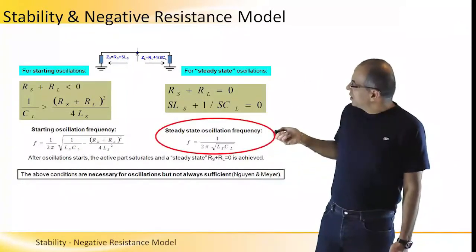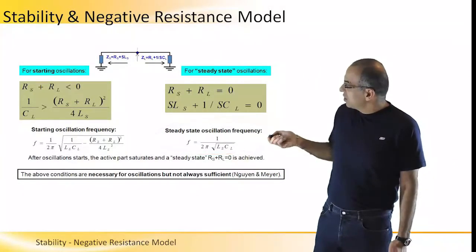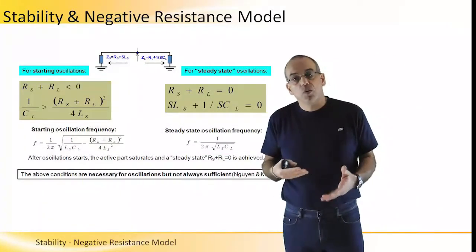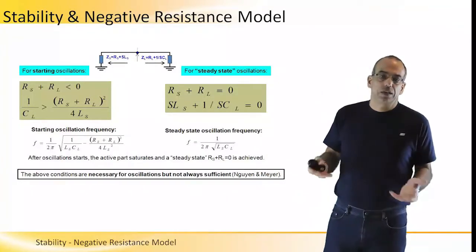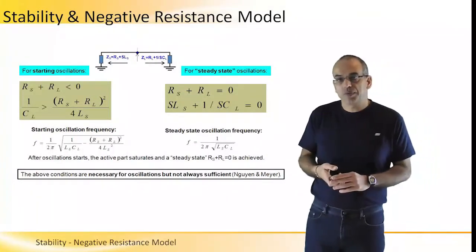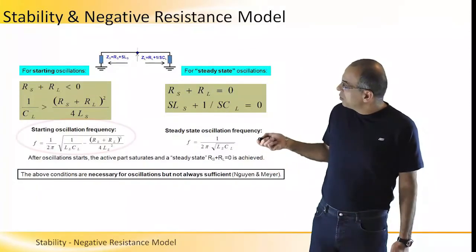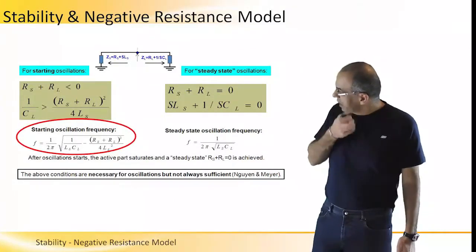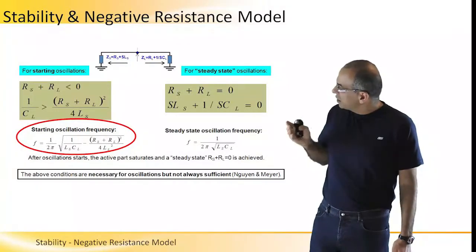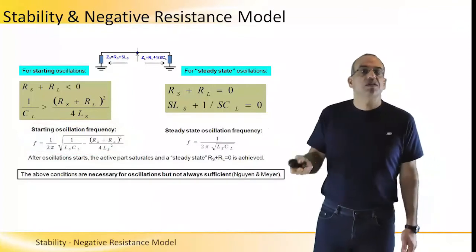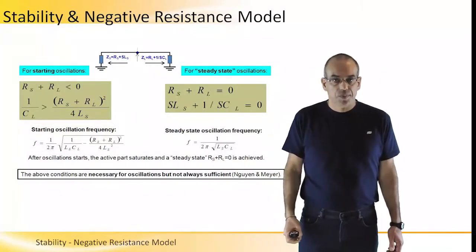And so this will be the oscillation frequency, which is a very known result: F will be 1 over 2 pi square root of LC. And if we want to know what will be the frequency that the oscillations will start with, we can find the term here, and we will understand it in the next slide.